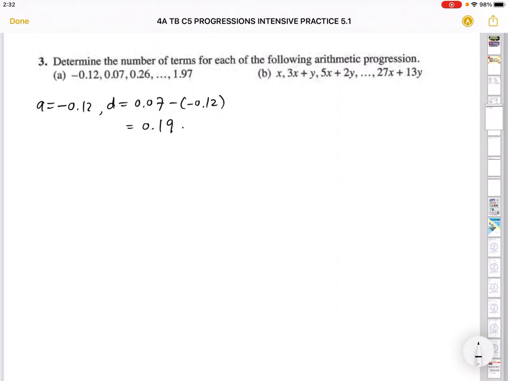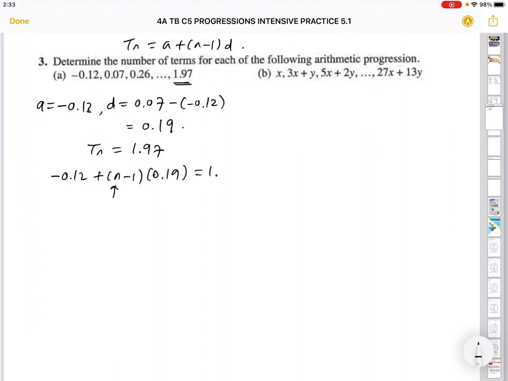Now your last term, or your Tn here, is 1.97. Maybe I write down one more time, Tn is A plus n minus 1 d. My A is negative 0.12, n is an unknown, and we need to find n. Common difference is 0.19, and the last term is 1.97.